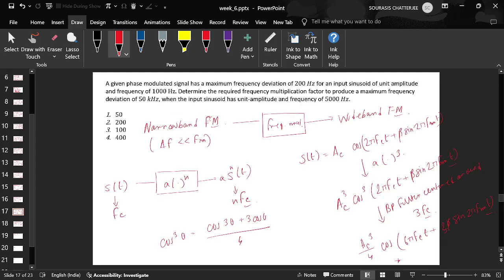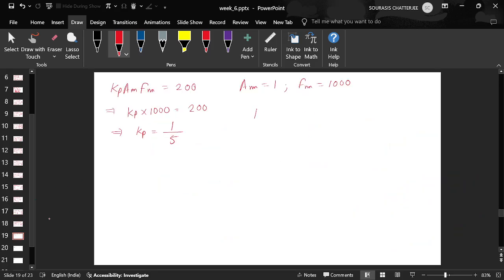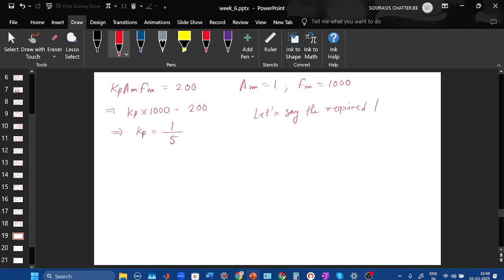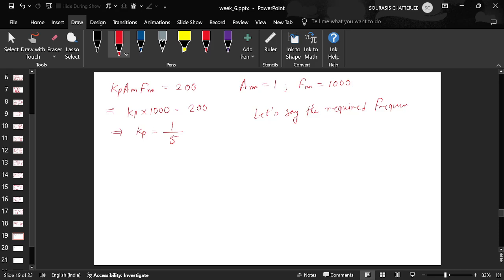So now let's say the required frequency multiplication factor is n, right?